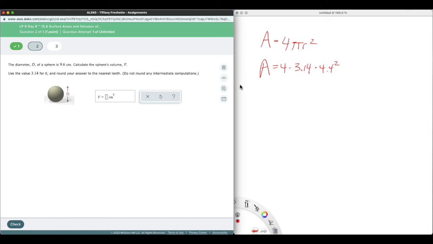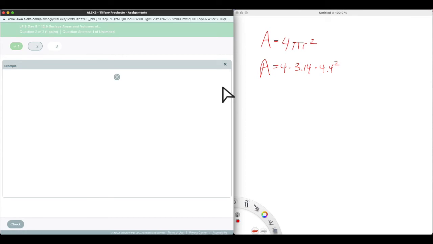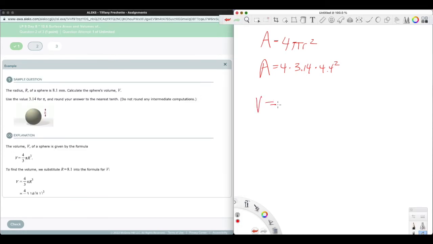Again, we need to make sure that we know what the volume formula is. With this one, it's a little bit different. When we did cones and pyramids, it was 1/3 the volume of either a rectangular prism or a cylinder. For a pyramid, it was a rectangular prism, and for a cone, it was a cylinder. But when we're talking about a sphere, it's a different shape, right?